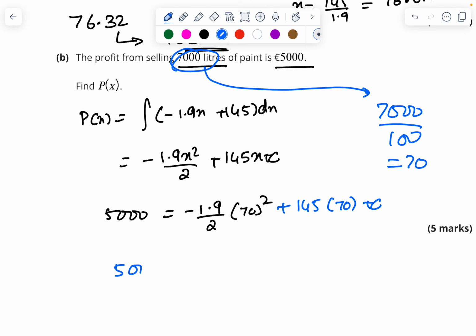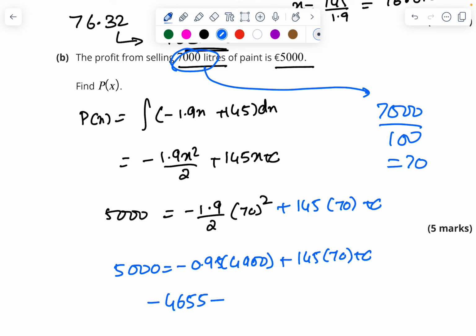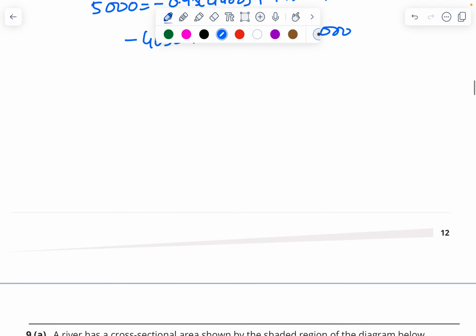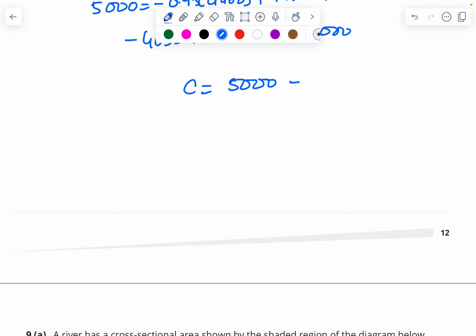So 5,000 equals to minus 0.95 times 4,900 plus 145 times 70 plus C, which is minus 4655 plus 10150 plus C equals to 5,000. Then I will be getting the value C equals to 5,000 plus 5495.